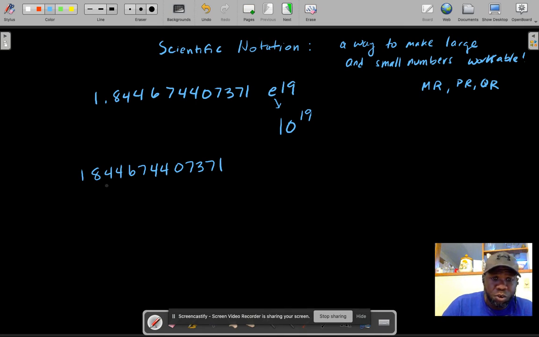All you have to think about is basically from the decimal point here, I've got to go 19 spaces to the right. 1, 2, 3, 4, 5, 6, 7, 8, 9, 10, 11, 12, and then I've got to add zeros from here.